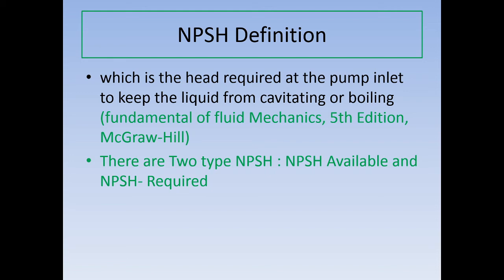So the environment gives me this, and then it is eaten up by the operating condition of the pump. Let's say, for example, when 100 cubic meters per hour, the pump needs static pressure of minus 3.5 meters.